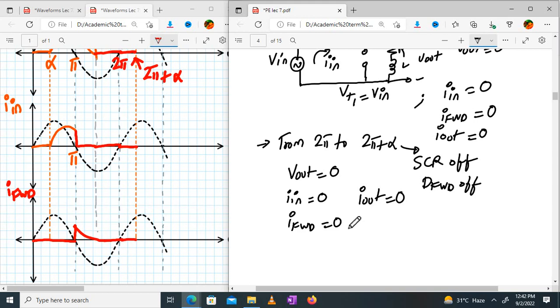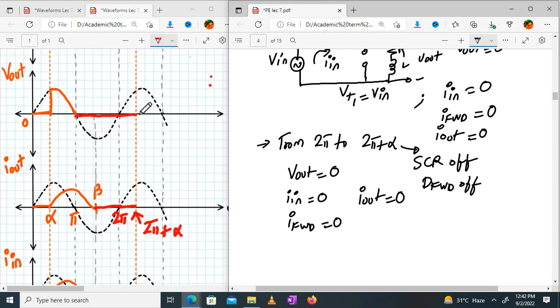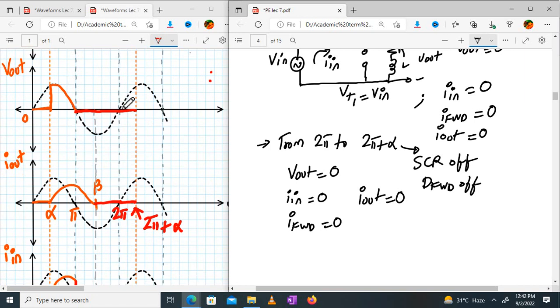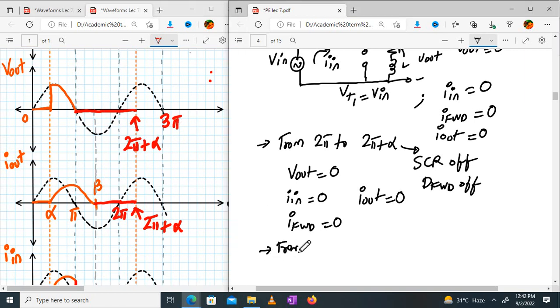When will it be on? When you apply a gate trigger at 2 pi plus alpha. So from 2 pi plus alpha onwards, the gate trigger is applied. What happens? My SCR turns on. Listen carefully first. From 2 pi plus alpha to 3 pi, your cycle repeats as it repeated from alpha to pi.